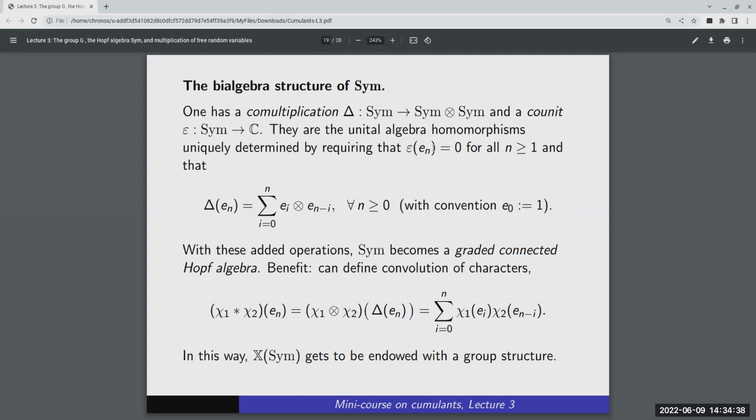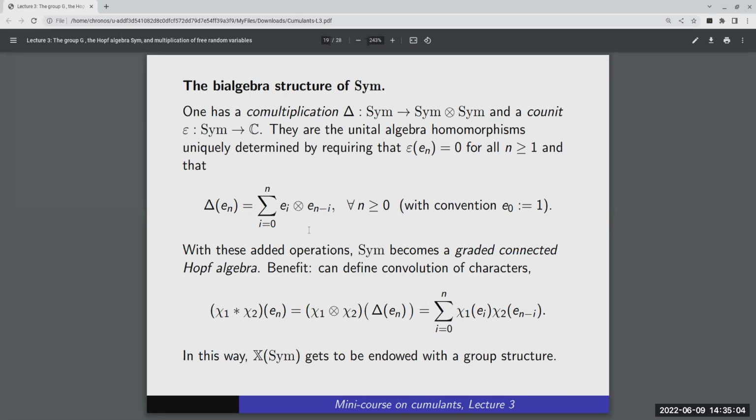Because any unital algebra homomorphism on Sym, I can prescribe by assigning it on the e_n's. Epsilon sends all the e_n's to 0, but more importantly here is the co-multiplication of the elementary symmetric functions.